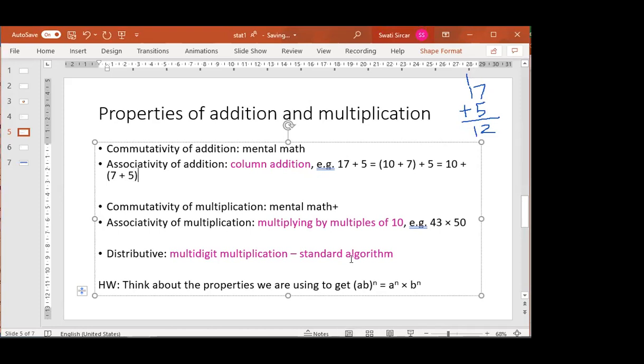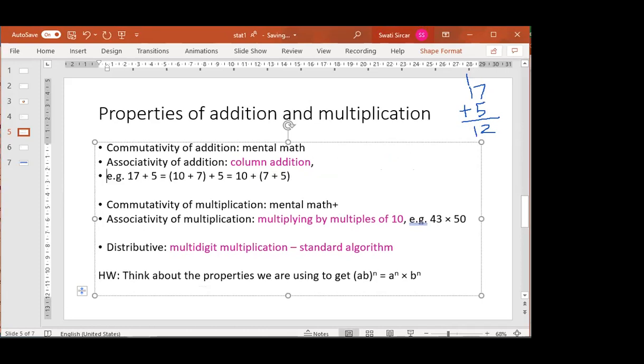We are applying the associative property. We may not pay attention to it, but it is there. Nothing else allows us to do that.